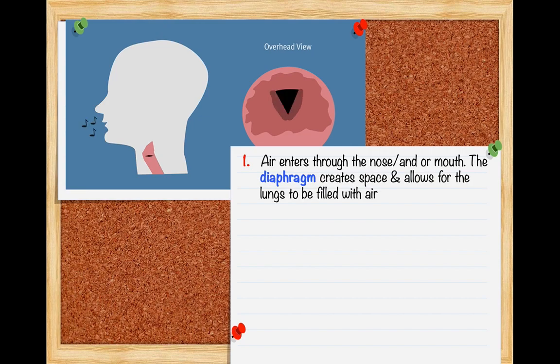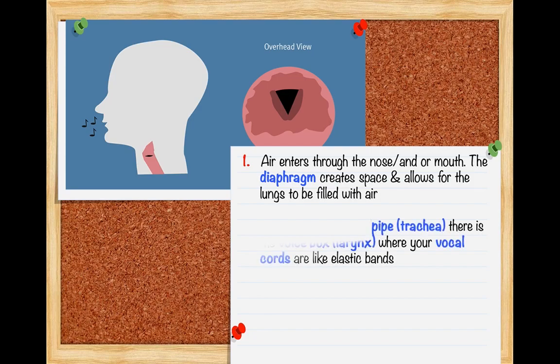Right, so the air enters through your nose or your mouth, it goes into your lungs. Leading to your lungs, there's a tube called the windpipe or the trachea. And at the top of this tube is the voice box, which is the larynx, where your vocal cords are, like elastic bands.